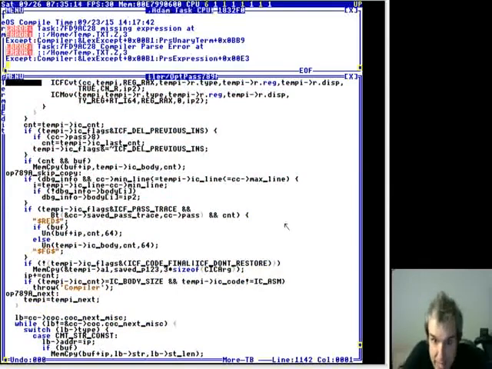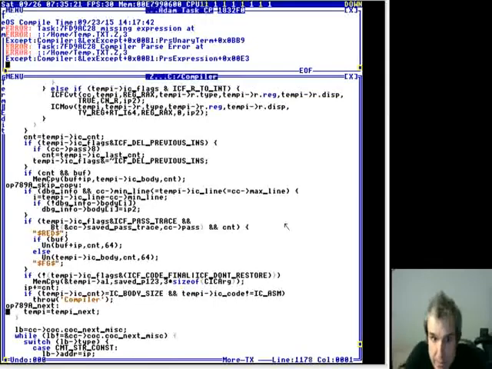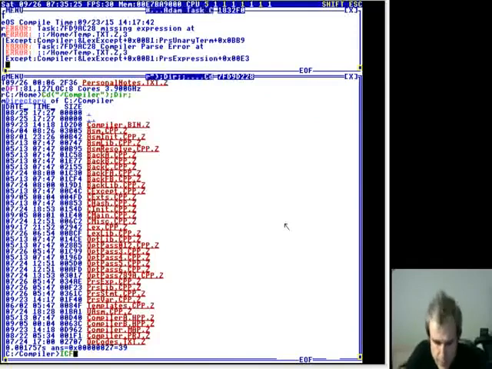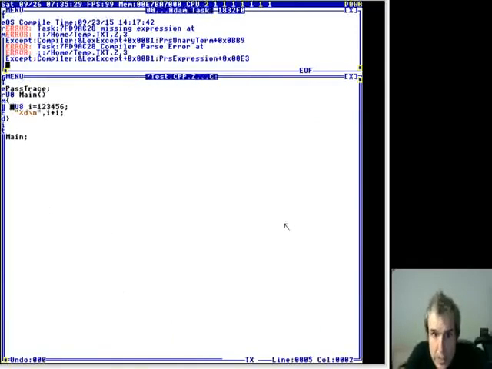Everybody else has data and code segments. I don't really have that. I put my code compiled function by function, and let's go ahead and trace this.